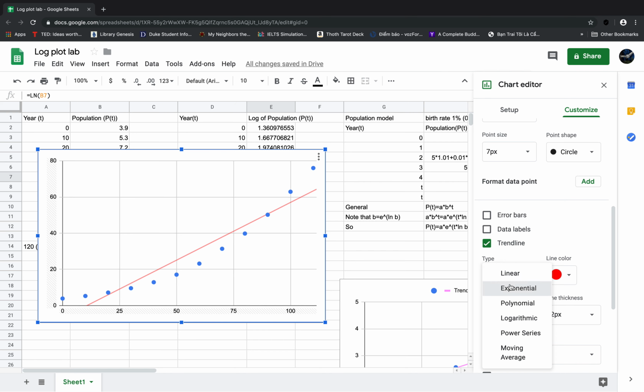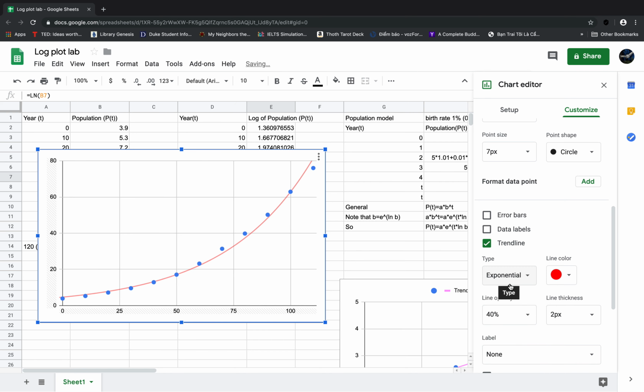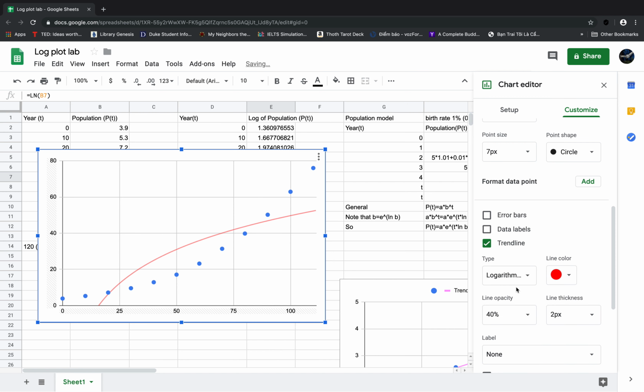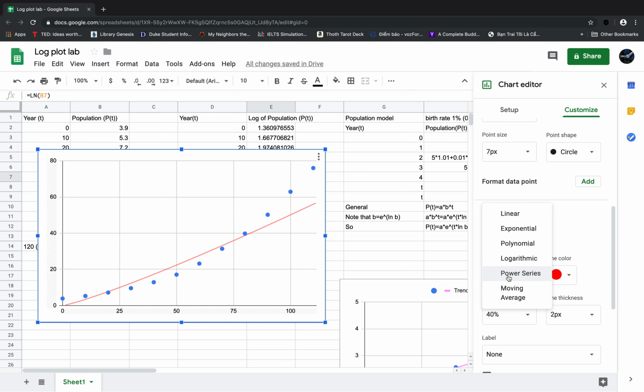And we can try exponential. So exponential quite fits the data. We can try polynomial. It works. I think it works better. You can try logarithmic, right? It doesn't work. And power series does not quite work.